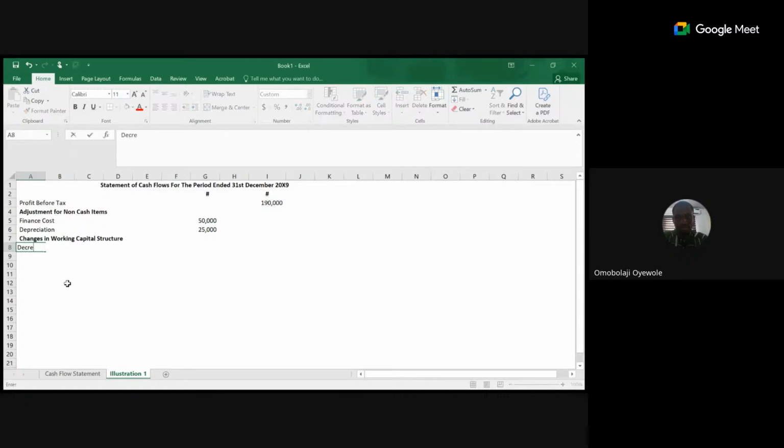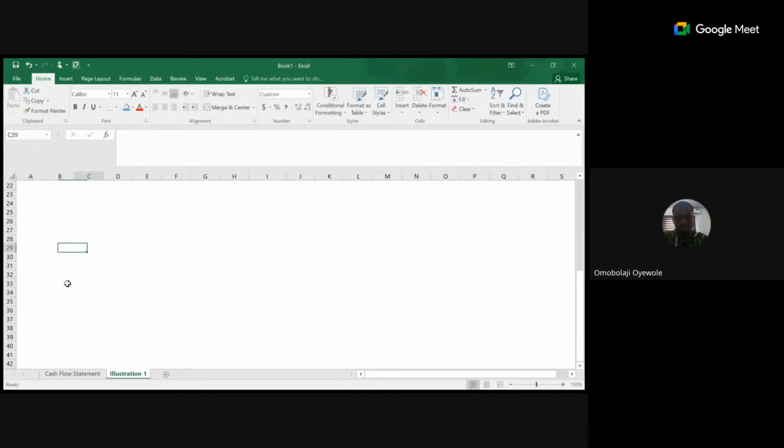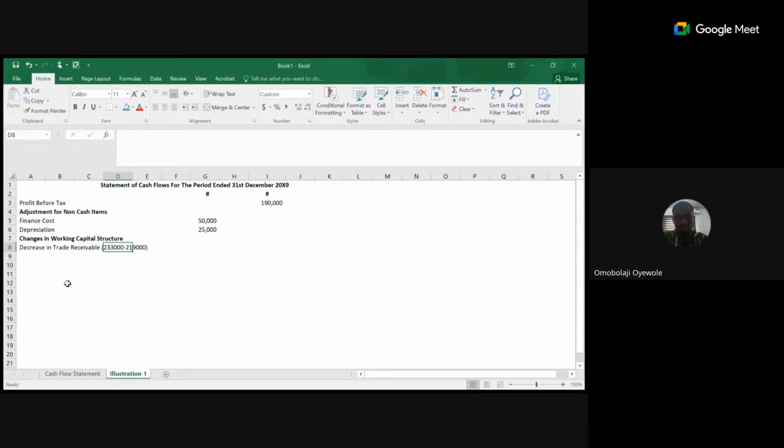So decrease in trade receivable is 233,000 minus 219,000. That will give us 14,000, and that's an inflow.